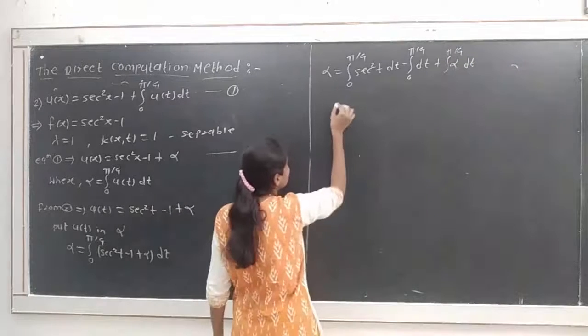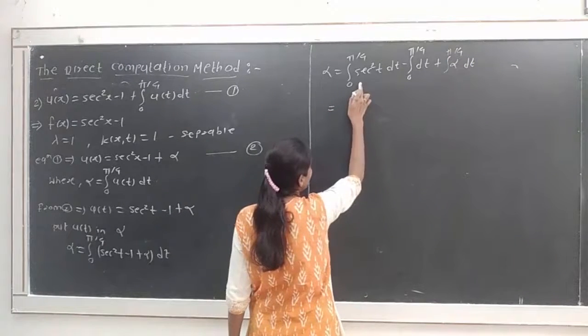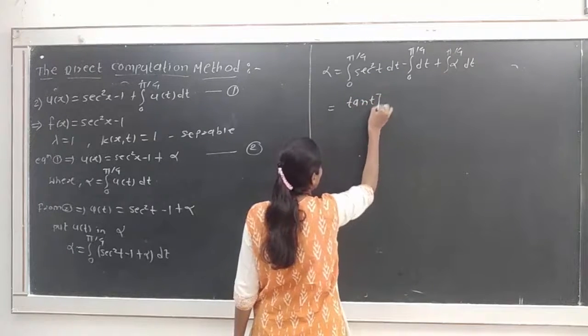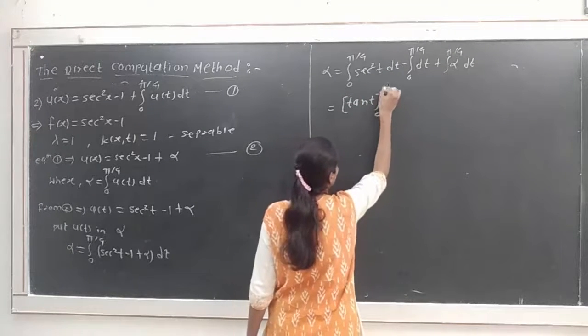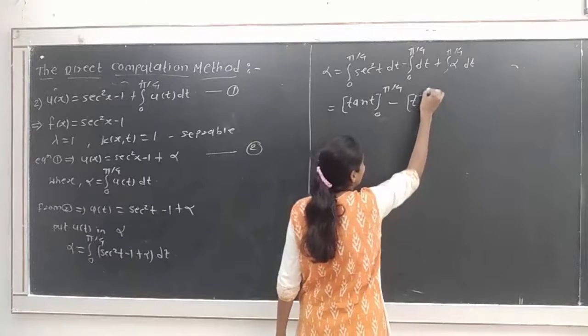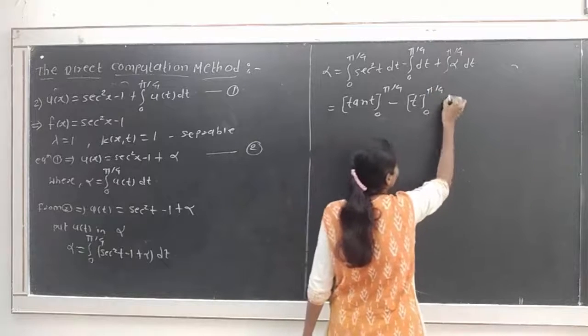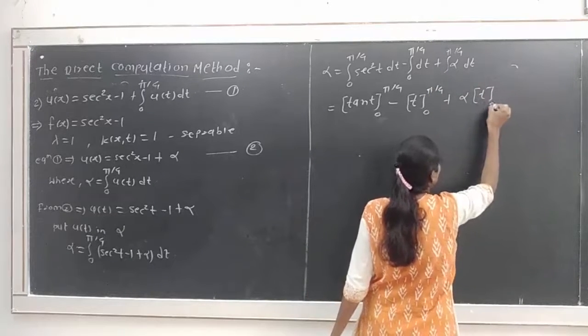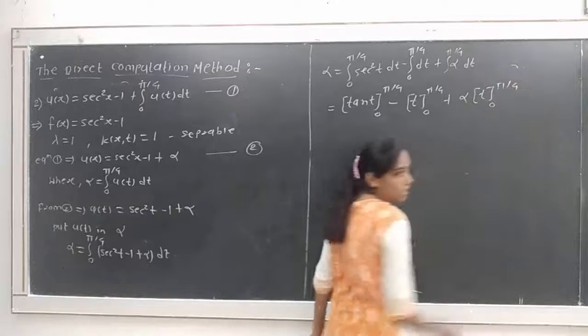Okay. So is equal to, by taking integration we know that integration of sec square t will be tan t, limits from 0 to pi by 4, minus integration of dt will be t from 0 to pi by 4, plus alpha will be constant, integration of dt will be t from 0 to pi by 4.